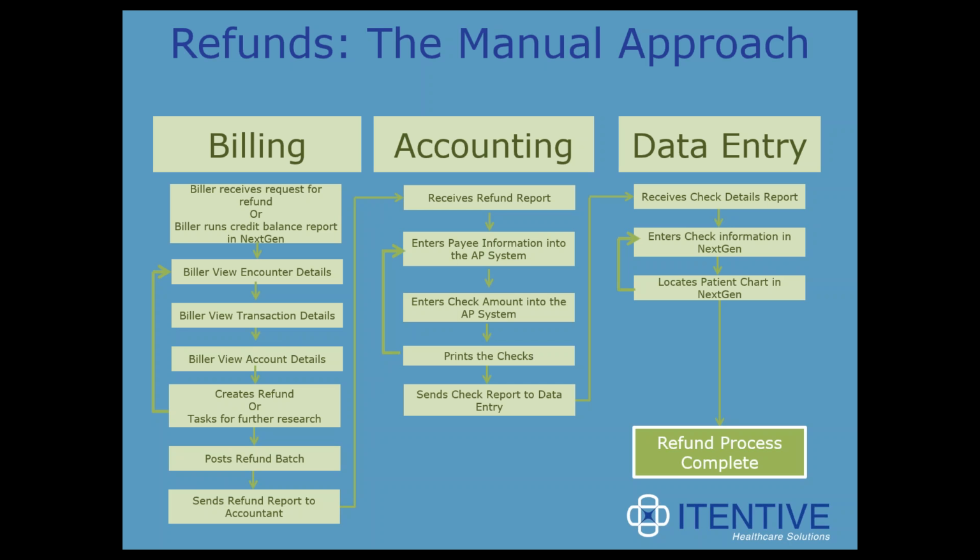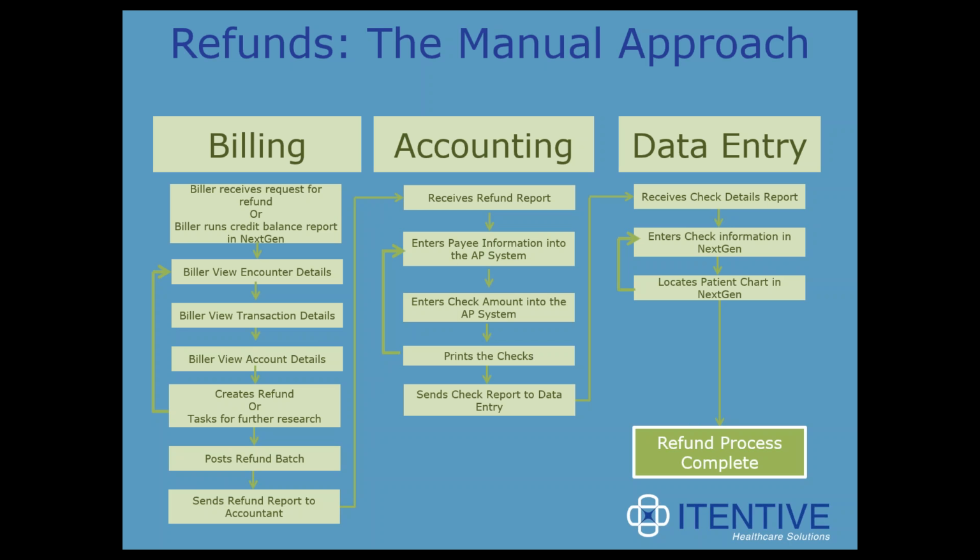And you go through a series of steps for each one of those as well. Once you print the checks, some organizations enter that information back into NextGen. Other organizations do not. So the information that they would enter back into NextGen could be the refund check number, the check date, and the check amount. And that can be a manual process as well.